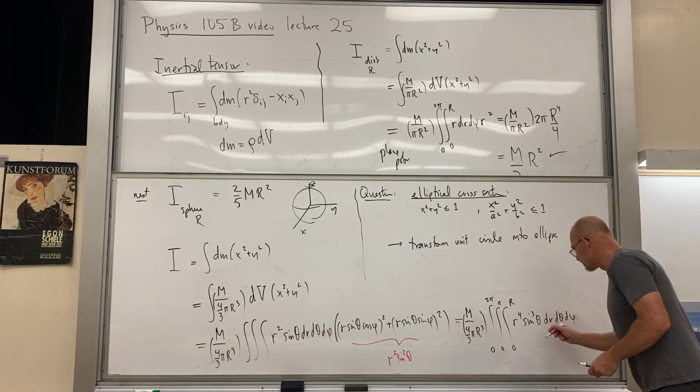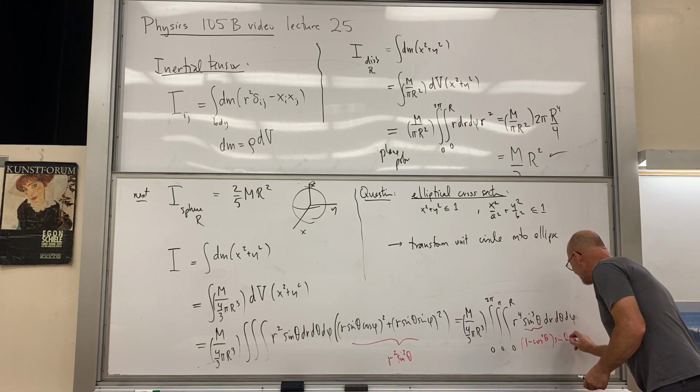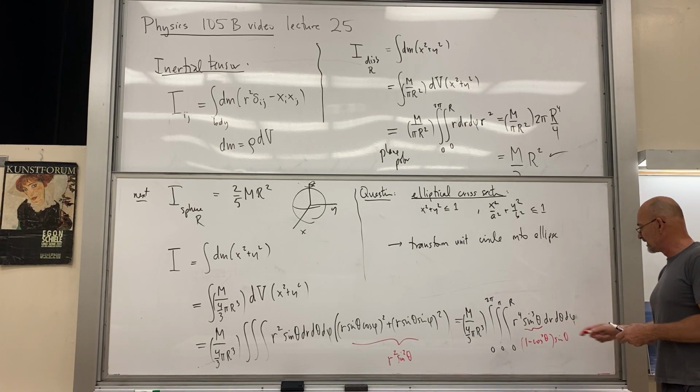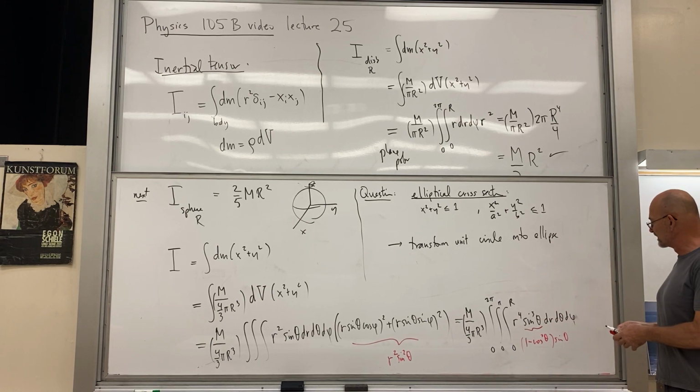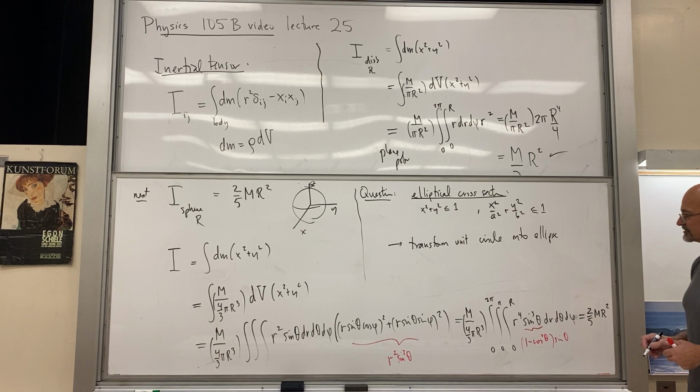And one thing you can do is write 1 minus cosine squared theta for sine squared and then sine theta, and integrate those two up, and they go pretty quickly. So when you do this, you actually do get your 2/5 mr squared, which is nice.